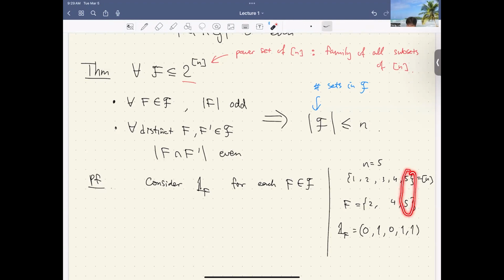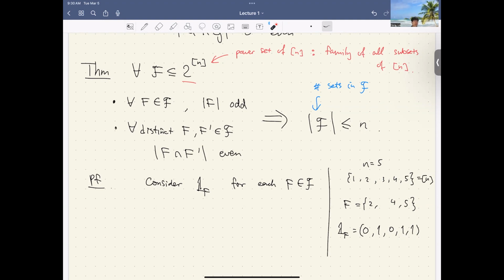If element 5 is in F, the fifth coordinate is 1. Element 4 is in F, so the fourth coordinate is 1. Element 3 is not in F, so the third coordinate is 0, and so on and so forth. So you use a length n binary vector indicating which elements are in your set. This is a natural one-to-one correspondence, the characteristic vector for F.